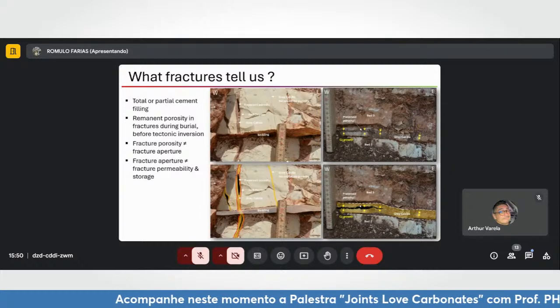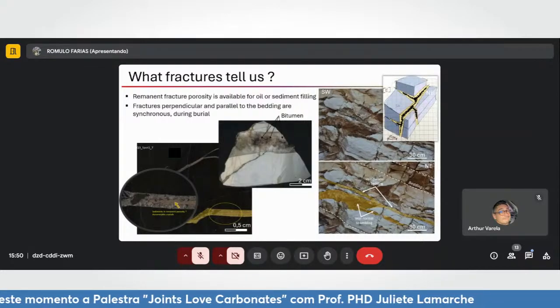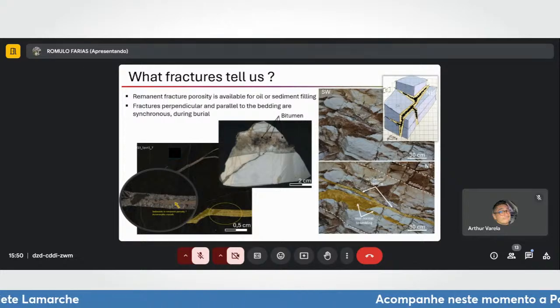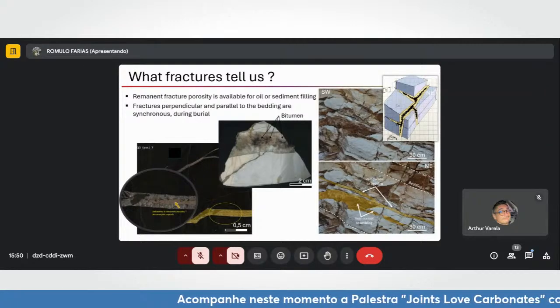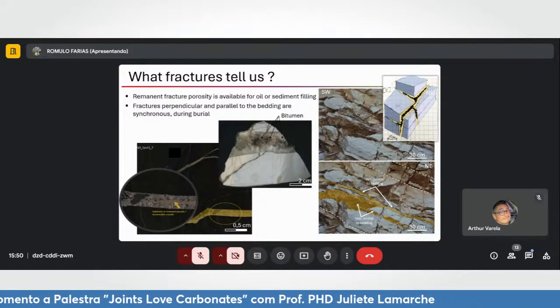So what can we do with that? So these are the vertical and horizontal fractures. And in this example, I saw that the vertical and the horizontal are linked. So it's only one phase. With one stress pattern, we open vertical and horizontal fractures. It's a big problem to me to explain this.